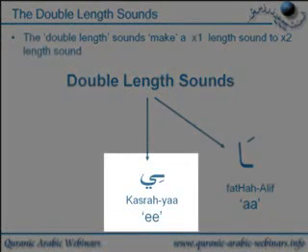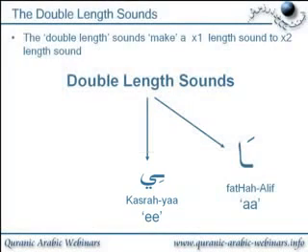Then if we have a letter with a Kasra and you add a Ya after it, the sound of the E changes to E, which is two long, so it doubles the length of the E sound, and that's known as the Kasra Ya.